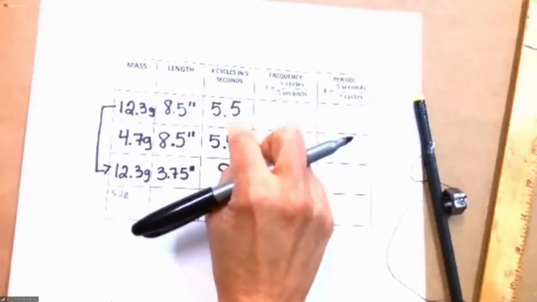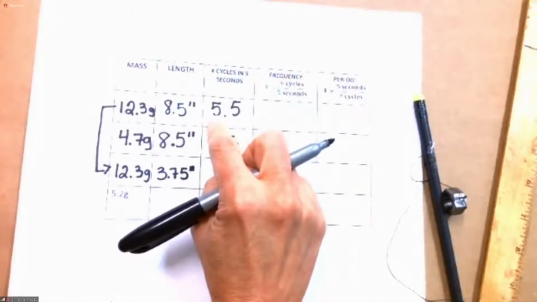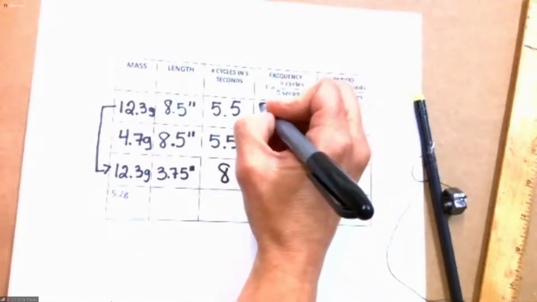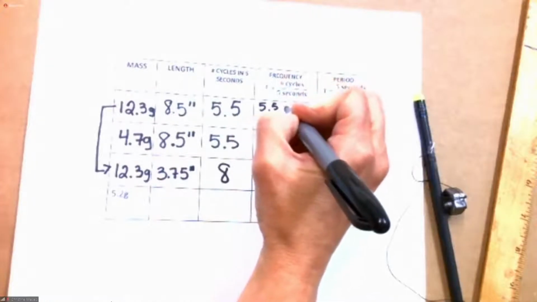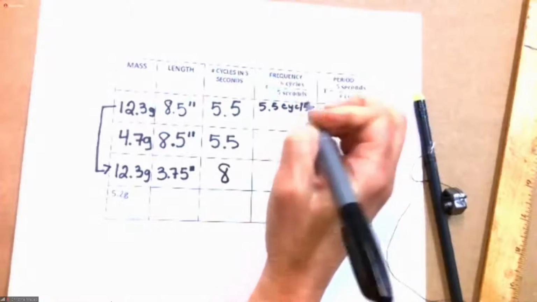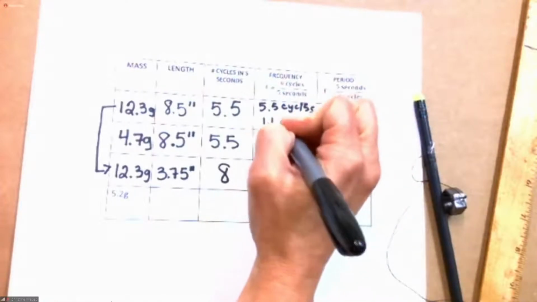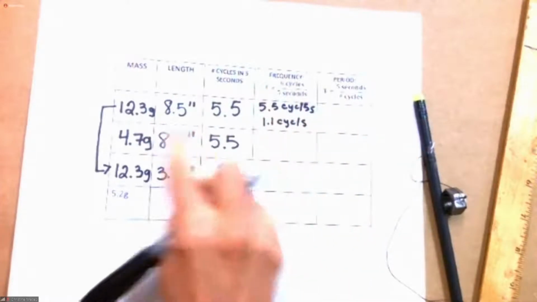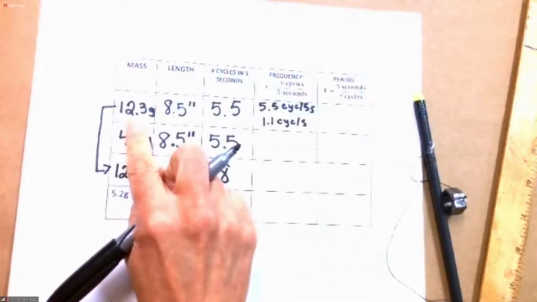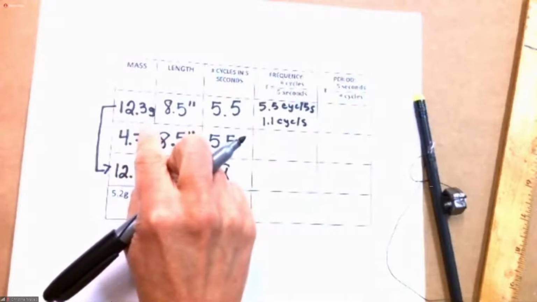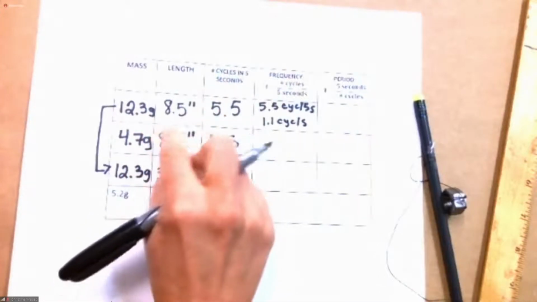So we already measured frequency. We measured 5.5 cycles in 5 seconds. So if I do 5.5 cycles in 5 seconds, that's actually 1.1 cycle per second. So that's my frequency for the first pendulum I made, which was the 12.3 gram mass, the larger mass, and the longer string, 8.5 inches.